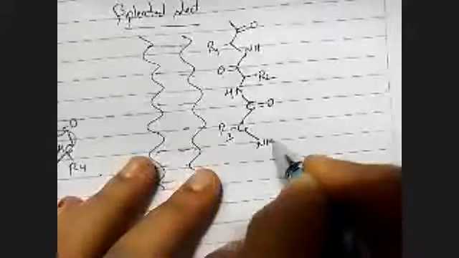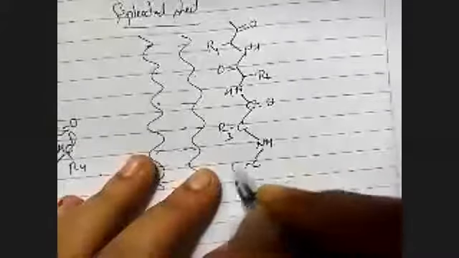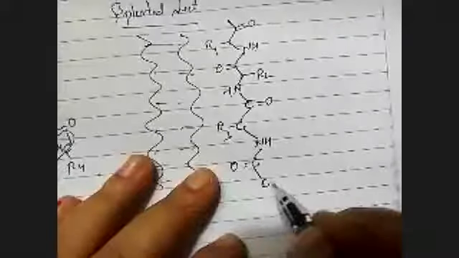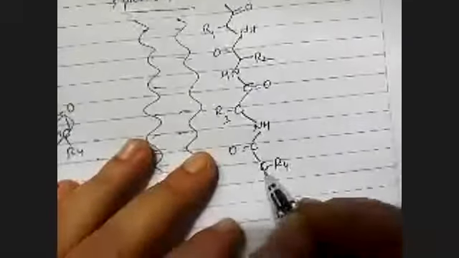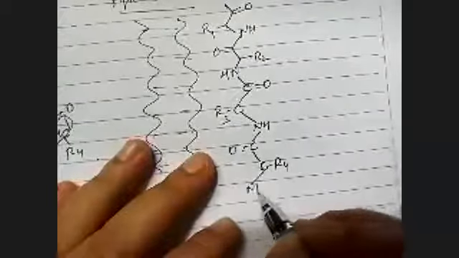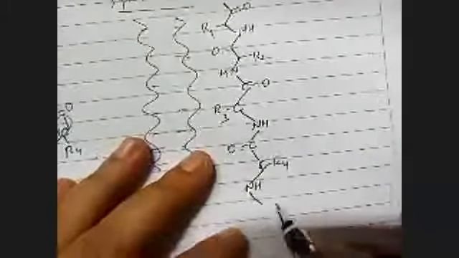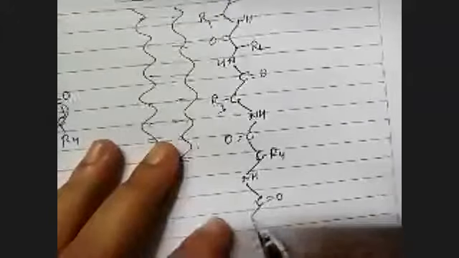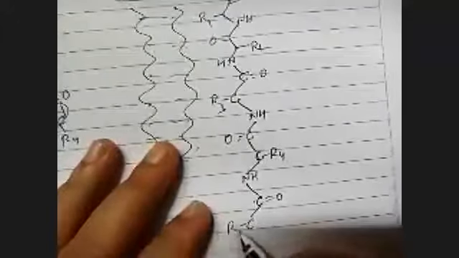You can see the zigzag arrangement. Okay, NH, C double bond O, C, R4, NH, C double bond O, C, R5.